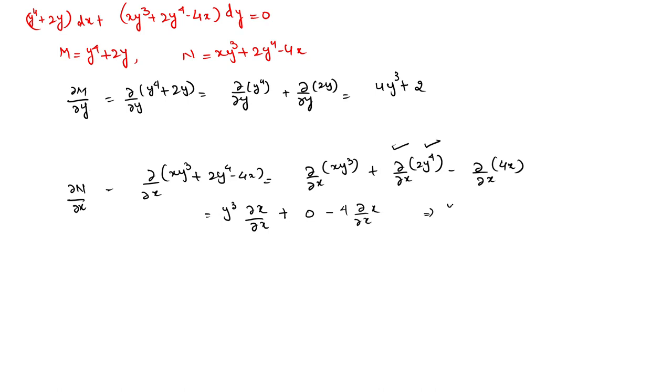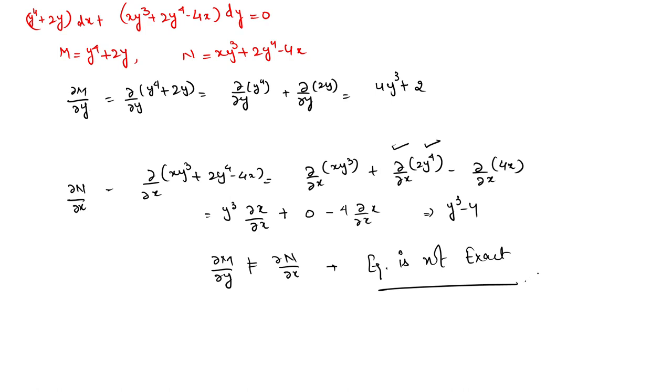If we solve it, we get y cube minus 4. So here we can see del M by del y is not equal to del N by del x. It means that the equation is not exact.